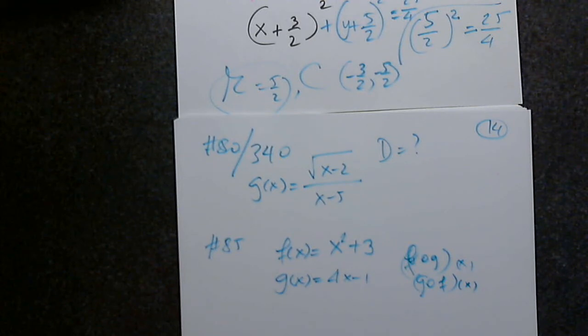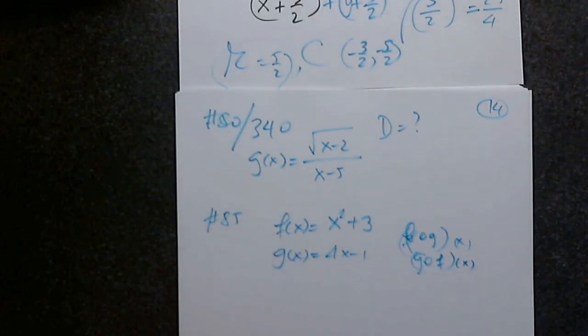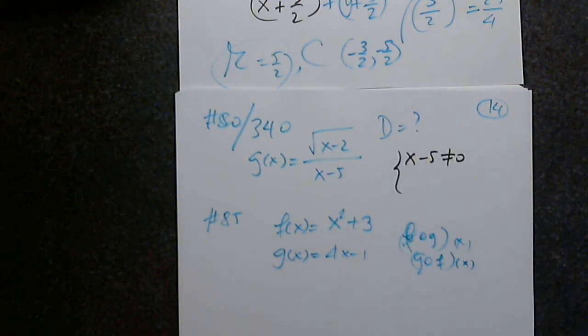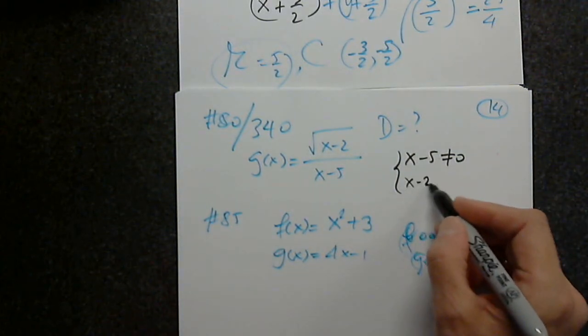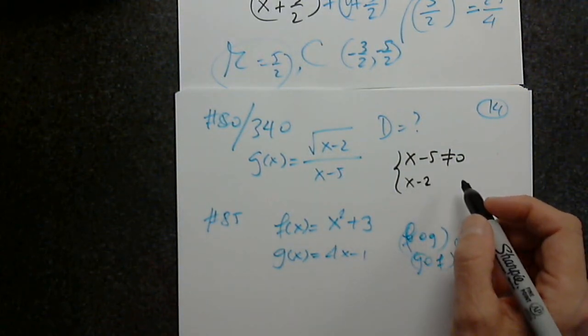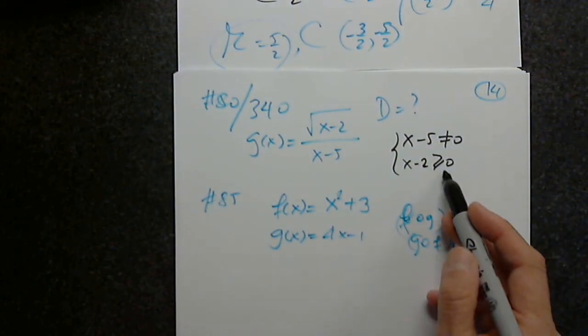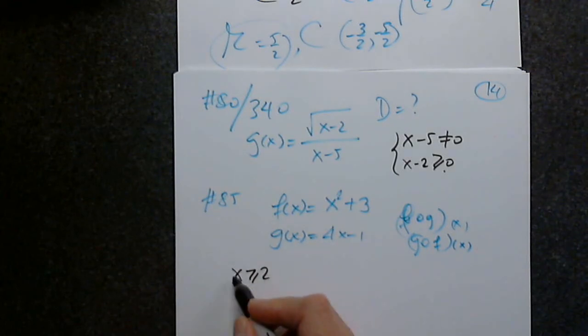Can anyone give us the restrictions for the first one? You mean x minus 5 cannot equal 0, and the second one? X minus 2 must be? Very good. So this changes into x greater than or equal to 2, and this changes into x not equal 5.